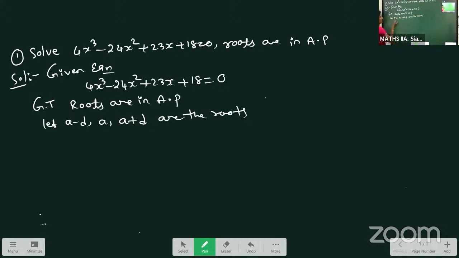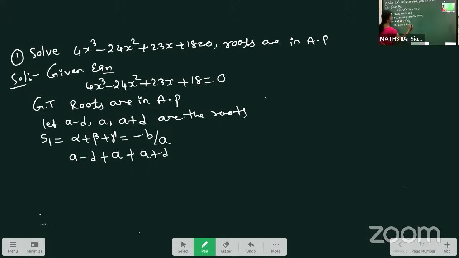Treat one root as alpha, the other root as beta; in the same concept, you have to go. We know the sum of the roots formula. Sum of the roots, what is the formula? Alpha plus beta plus gamma is equals to minus b by a. So here alpha means a minus d, plus beta is a, plus gamma is a plus d, is equals to minus b by a.